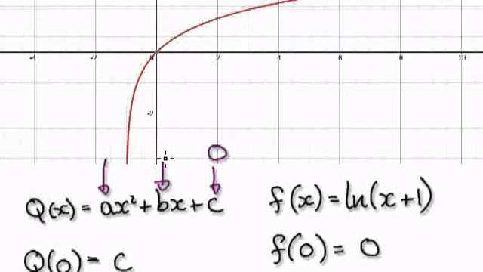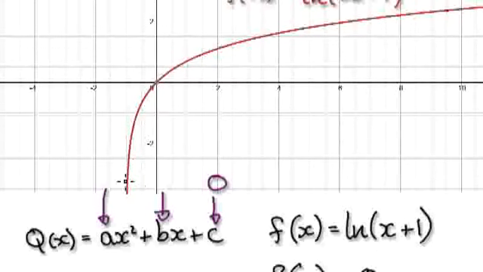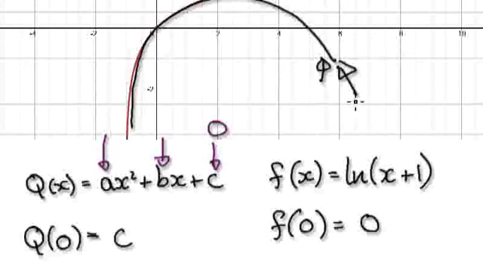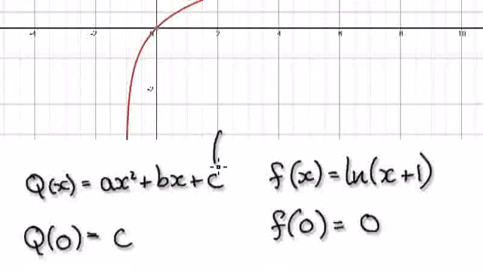Your job now is to find out a and b. The trick to doing that is to make sure that the first derivative of our estimate, the first derivative of the black line, will be the same as the first derivative of the red line, and later on, do the same with the second derivative. So far c has been done.